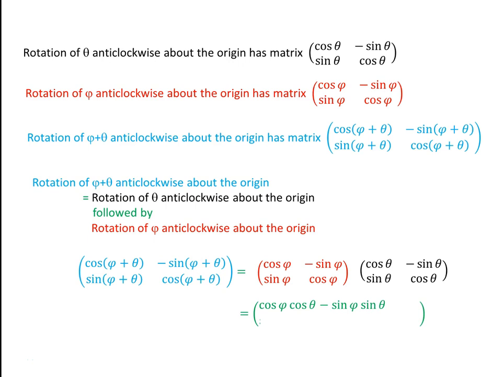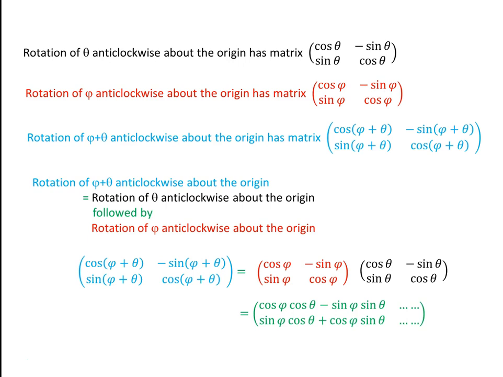And the bottom left hand entry on the right hand side is going to be sine phi cos theta plus cos phi sine theta. Now it's reasonably easy to work out the other two entries in the matrix on the right hand side. In actual fact, for what we need at the moment, I don't want that. So what have we got?